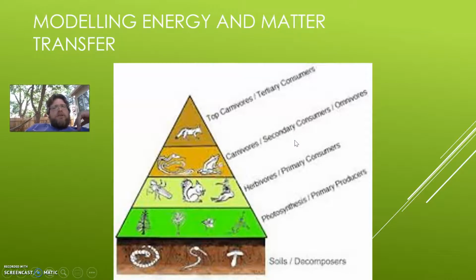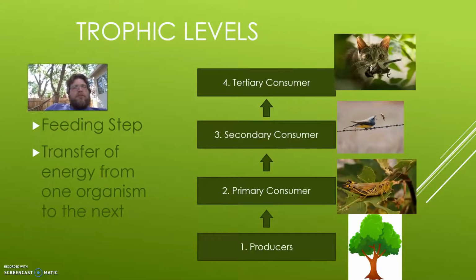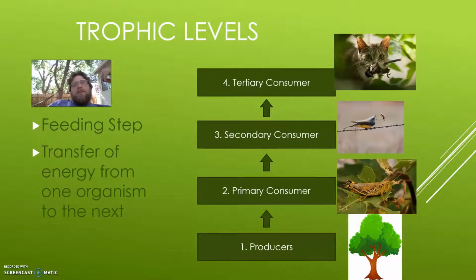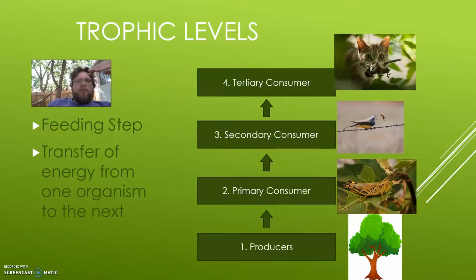In this video, I am going to show you models of energy and matter transfer in an ecosystem and how scientists model those transfers. First of all, you're going to see the word trophic a lot. Trophic levels are feeding levels in an ecosystem. At each trophic level, there was some sort of consumption.